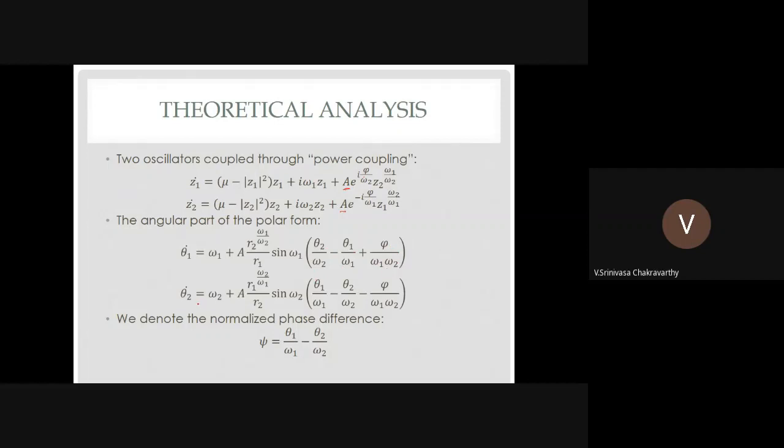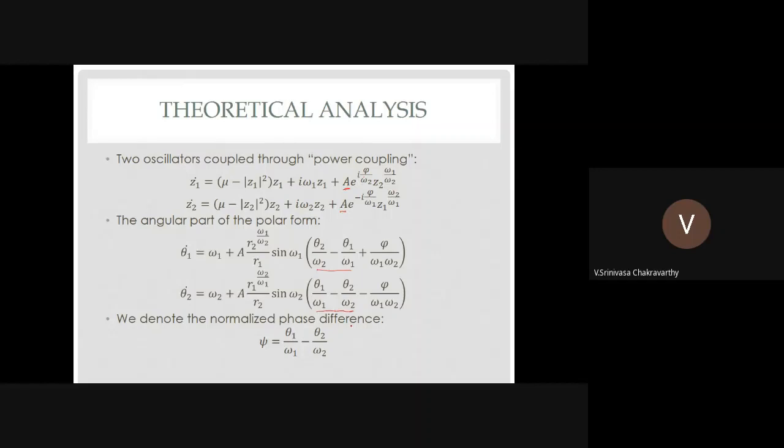Similarly, in the second equation, theta 2 dot is equal to omega 2 plus A into R1 to the power omega 2 by omega 1 by R2, times sine of omega 2 into theta 1 by omega 1 minus theta 2 by omega 2 minus phi by omega 1 omega 2. So note that in both these terms you have a common part, but with an opposite sign.